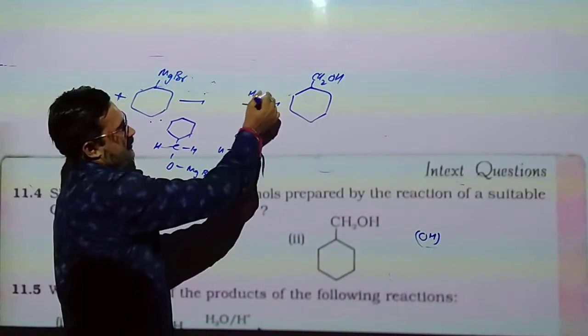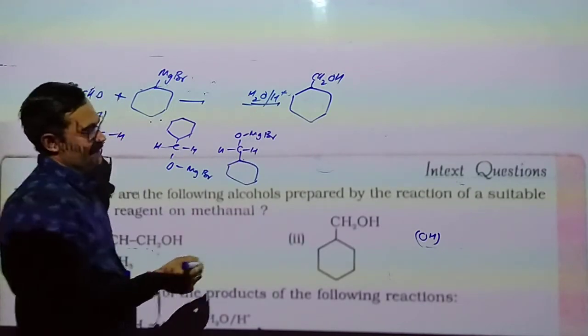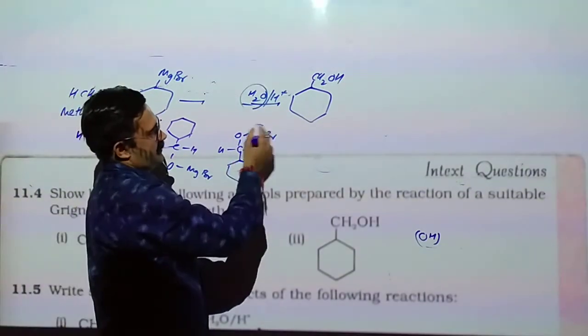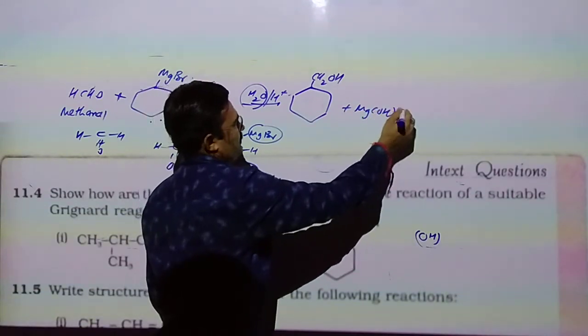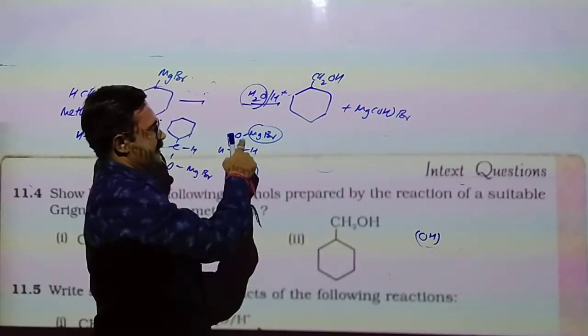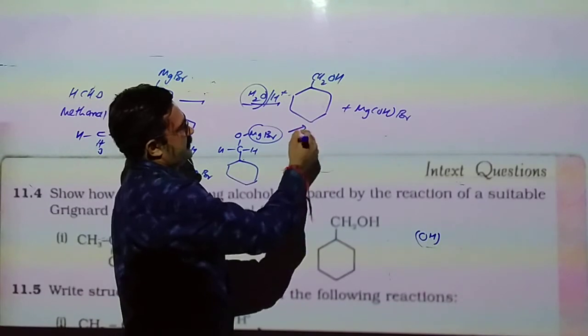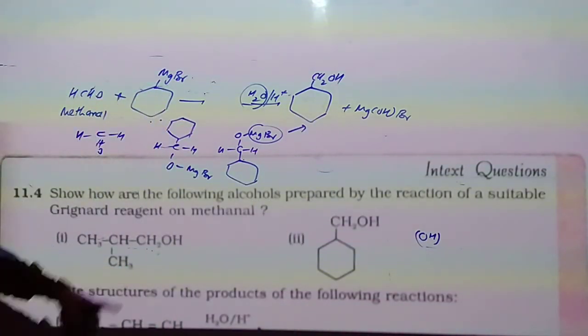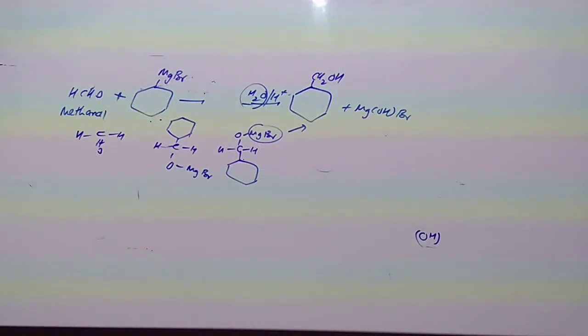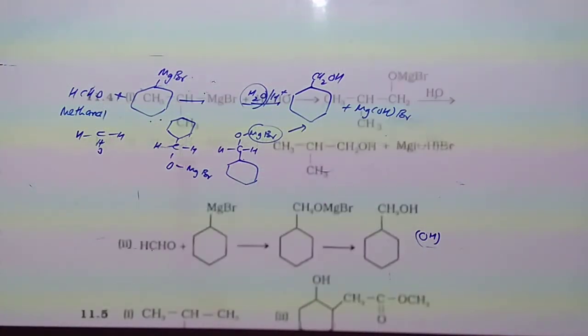And now hydrolysis in the presence of acid. So OH comes from water, releases as MgOHBr, and hydrogen combines there. So it gives cyclohexane methanol. The answer is like this, which is already given in your book.